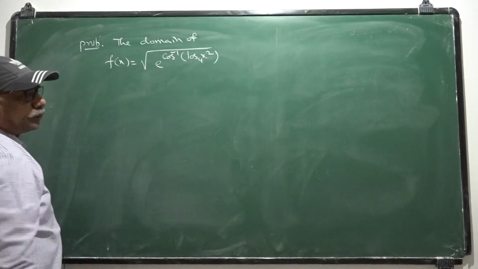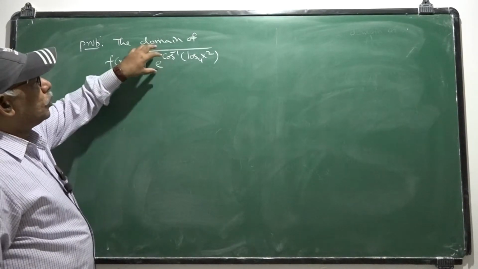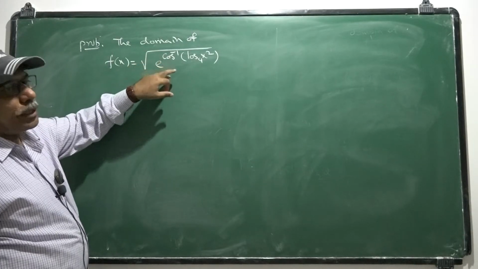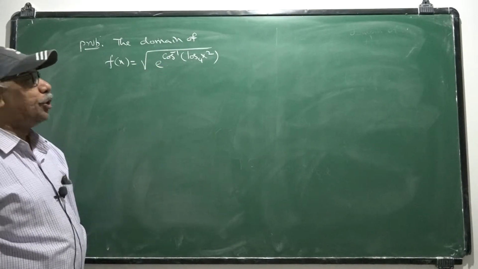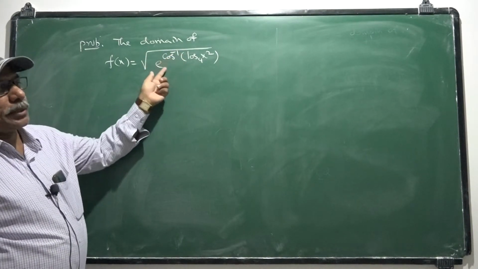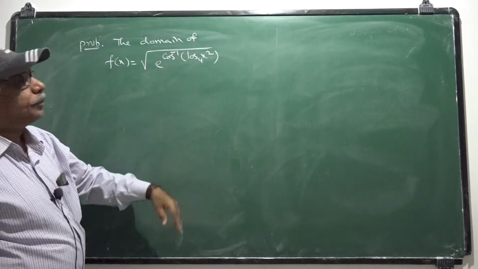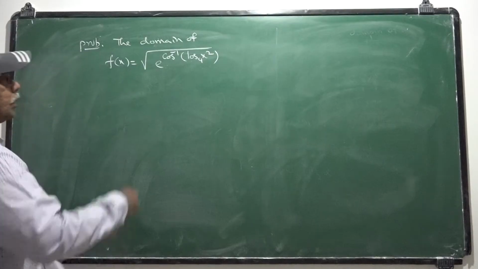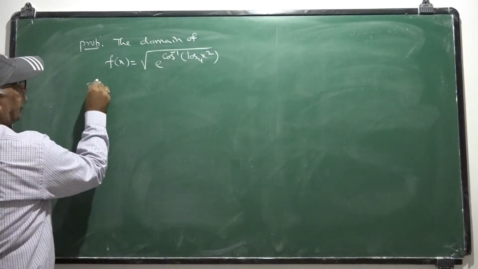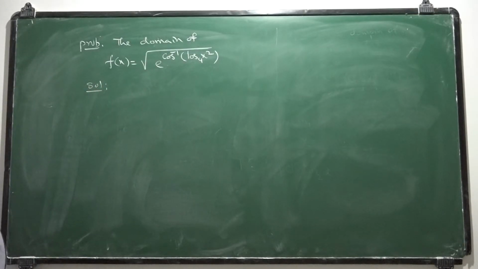Under root, the root function is defined whenever the function inside the root is positive or 0, that means non-negative. Clearly e power something, the exponential function, is always positive. Hence the function is defined based on cos inverse of log x square to the base 4 itself.